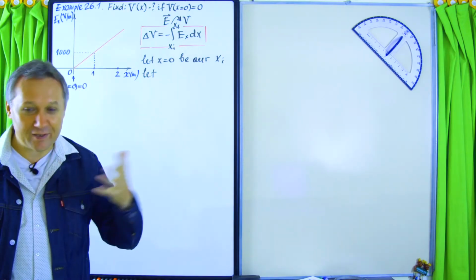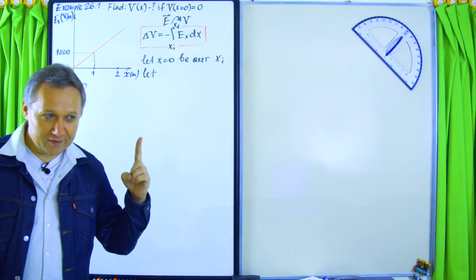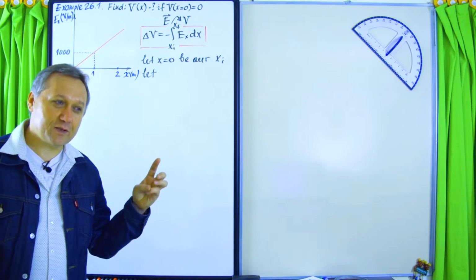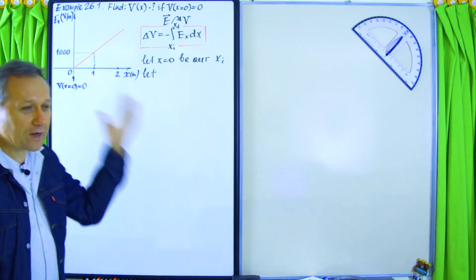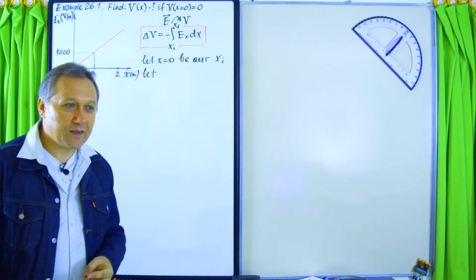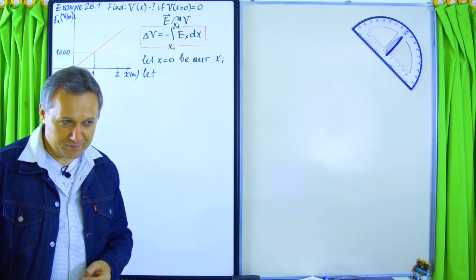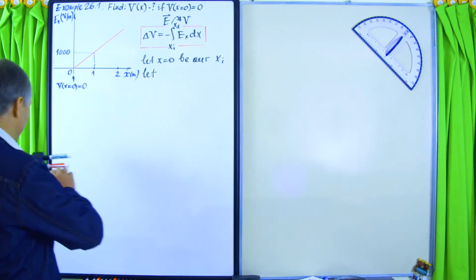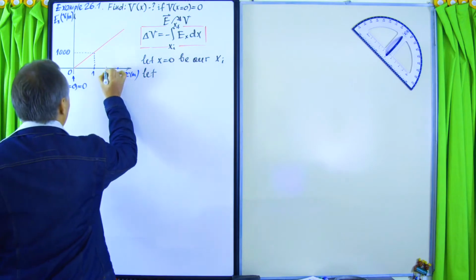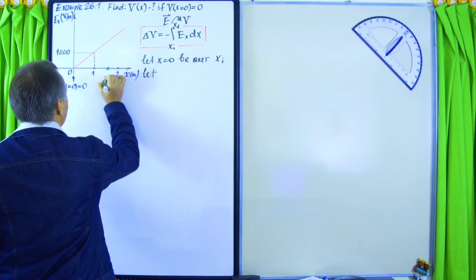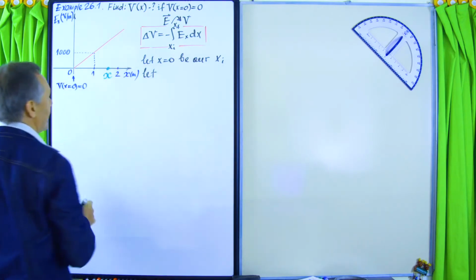So as a result, the correct suggestion for the final point is an arbitrary x. Let me use green, for example. So this, let's say, x, completely arbitrary x.